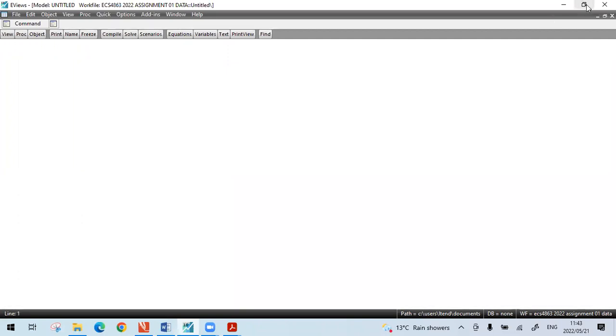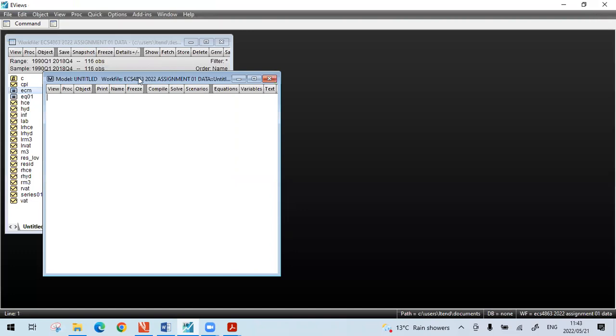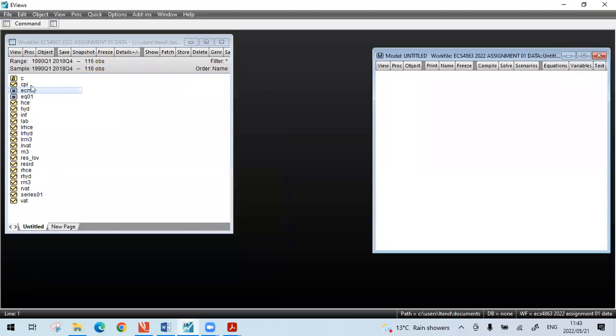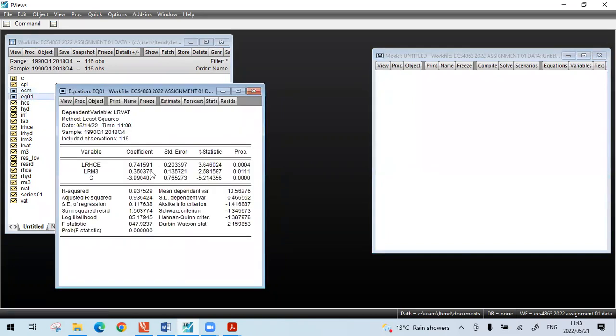So it's like I'm having my model. Let me put my model here, right? And I also need to open equation 1. But I need an equation.